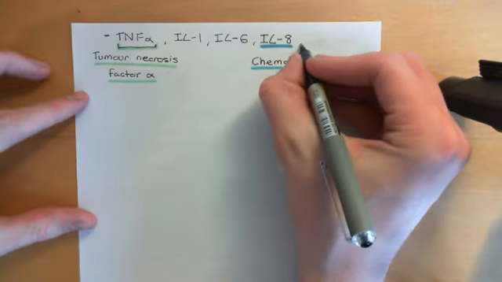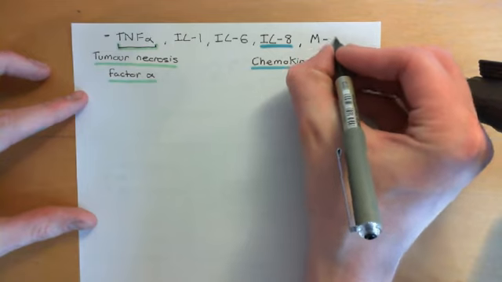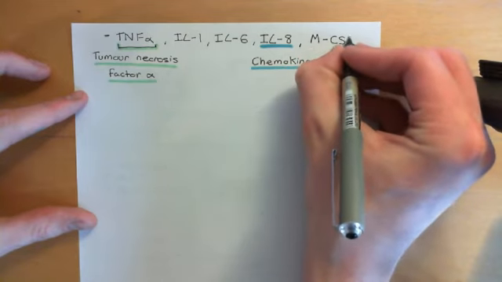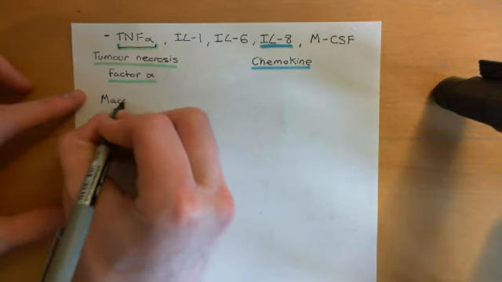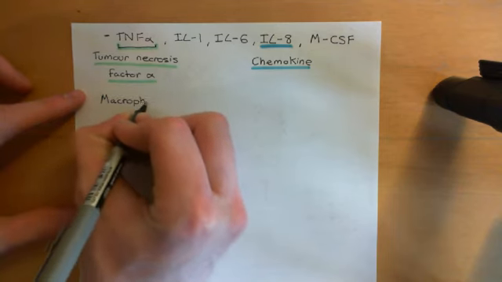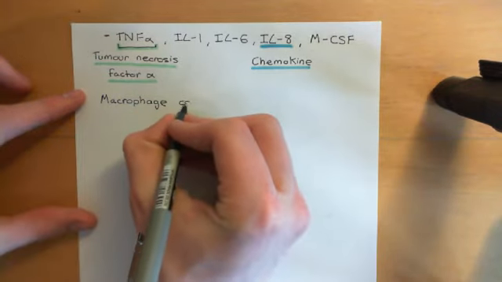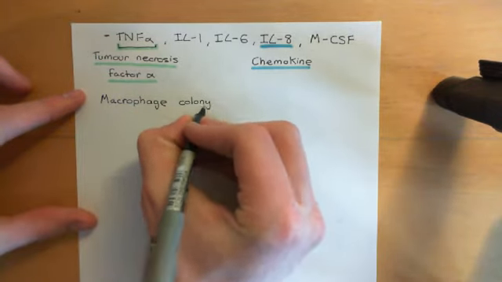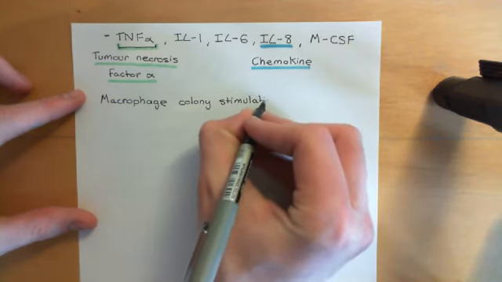So the final one that I want to mention is what's called macrophage colony stimulating factor, MCSF. These are all really important. They're all going to fit together to cause the pathogenesis of rheumatoid arthritis, which is why I'm listing them all out now. So this is macrophage, that's the M, and then it's colony stimulating factor, that's the CSF.